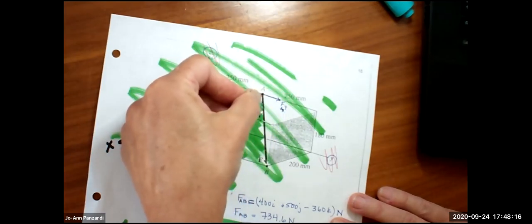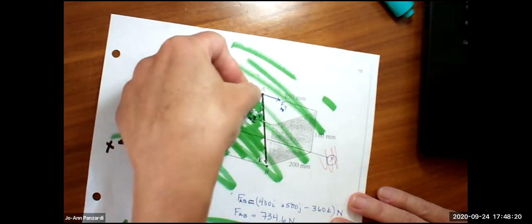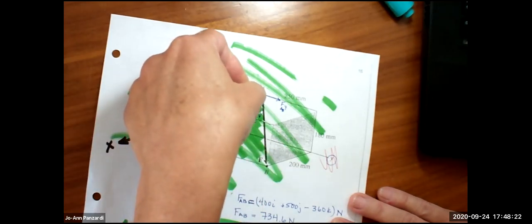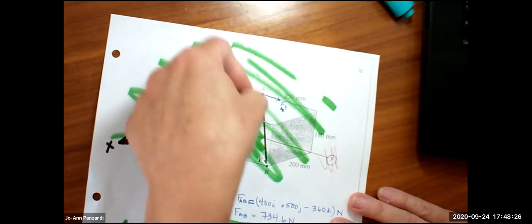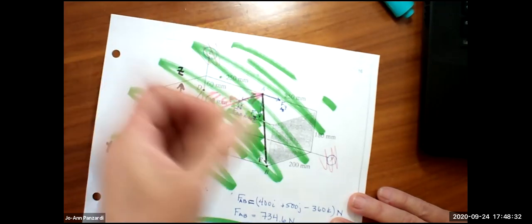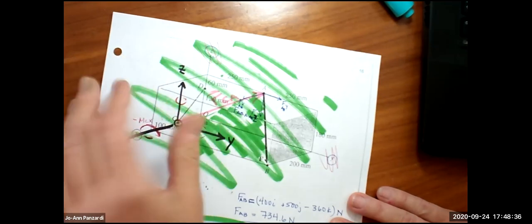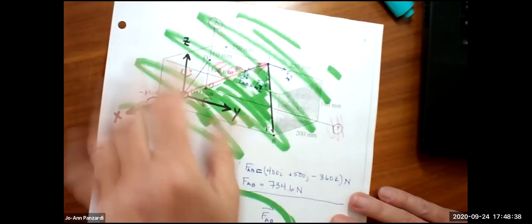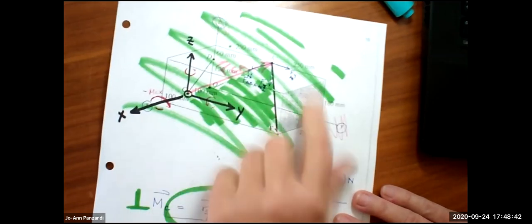The force goes from point A to B. And I want to know what the moment is about point A. Does this force create a moment about point A? No, because it goes right through the point. There's no R vector. There's no lever arm, right?